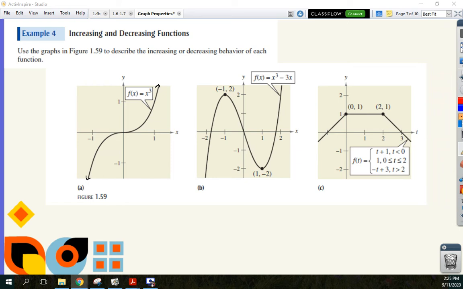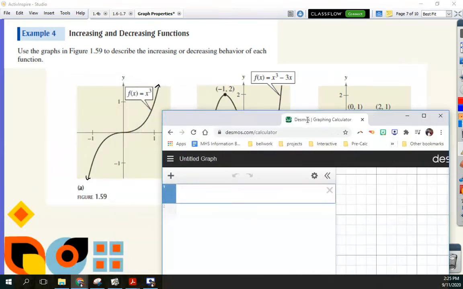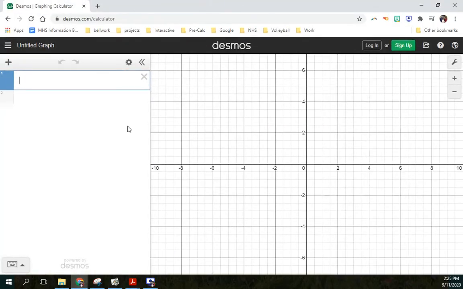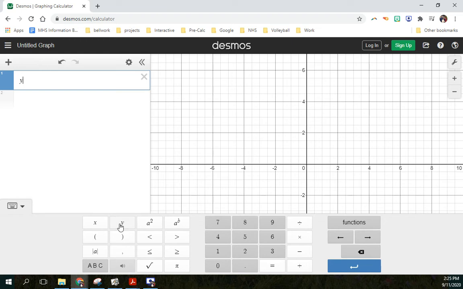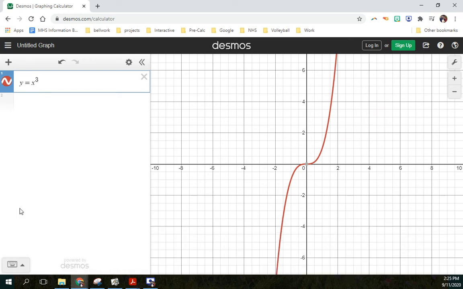And so what we can try and do is pull up a graph either on Desmos or on a graphing calculator. I'm going to go ahead and pull up Desmos. That way we can maybe zoom in and see a little bit more of what's happening. So I want to look at the function y equals x to the third. And it gives us the shape that we were wanting it to have.